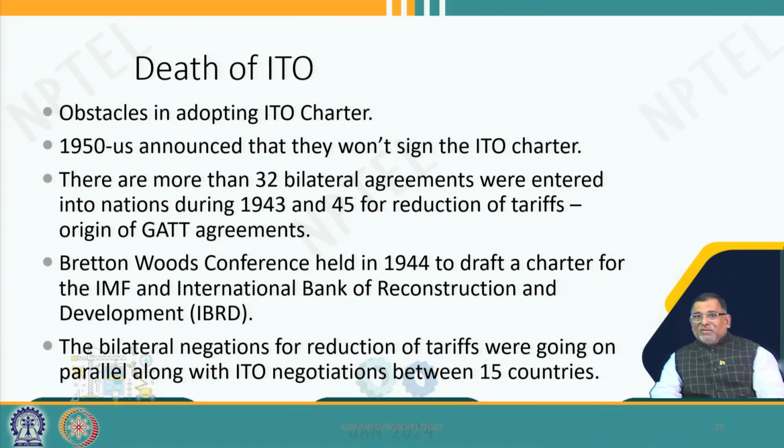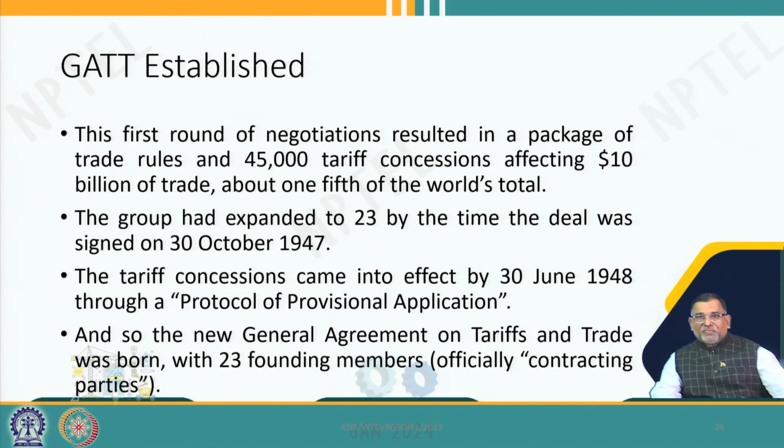So, we know that through one international arrangement, the GATT, there was a substantial liberalization of trade and reduction of tariffs among the countries, even though there was a moderate start of 23 countries, and the number has increased. I already said that 45,000 tariff concessions were declared.